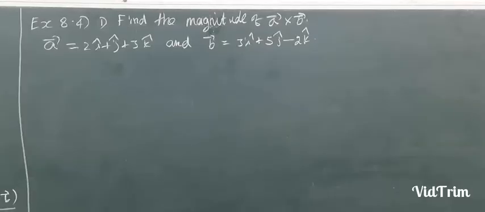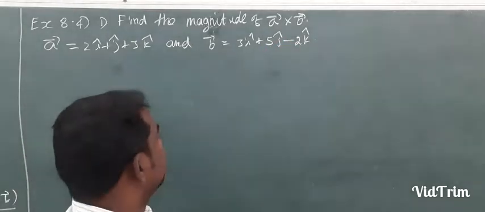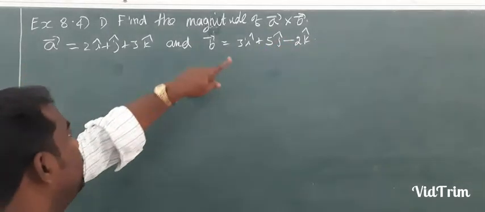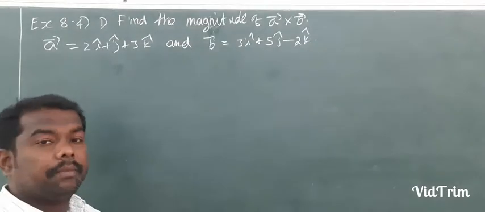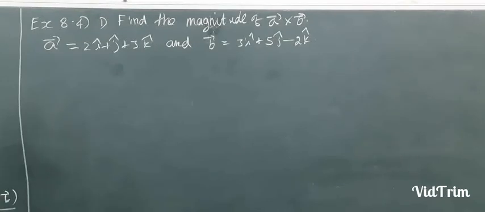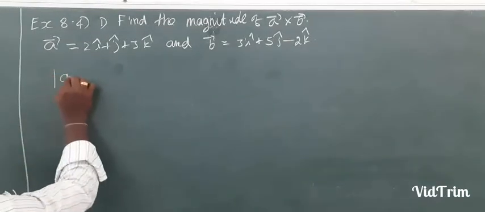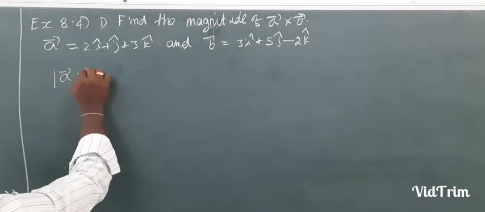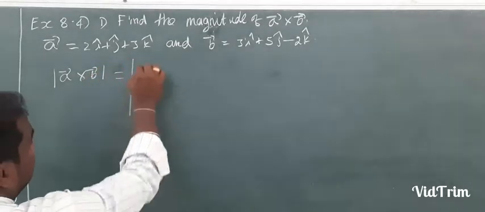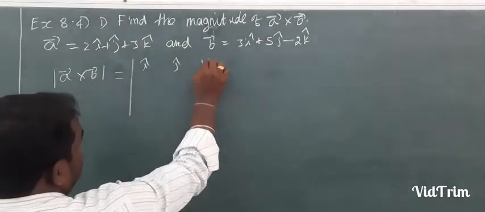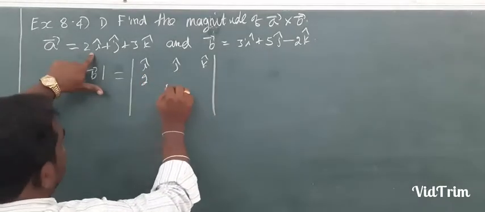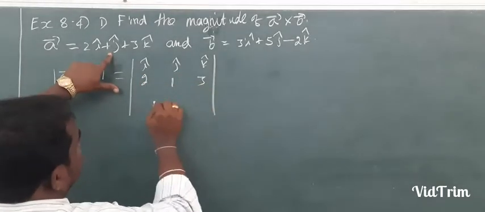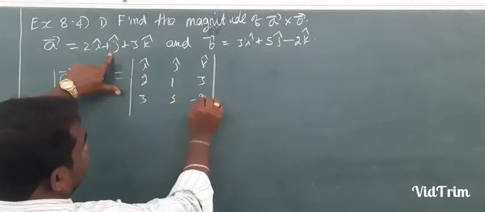Exercise 8.4, first question. Find the magnitude of A cross B. Magnitude means take the modulus value, using the matrix, because that involves sin theta. The modulus of A cross B is equal to the determinant with i cap, j cap, k cap, and the coefficients 2, 1, 3, 3, 5, minus 2.